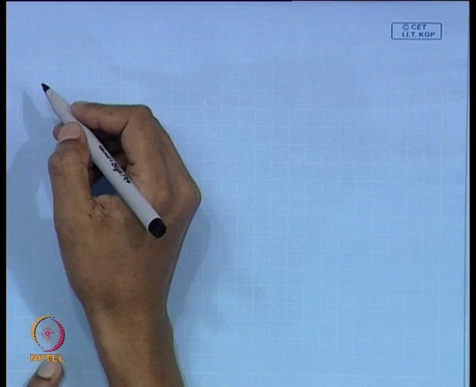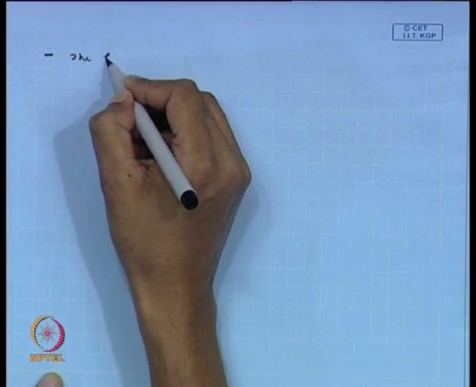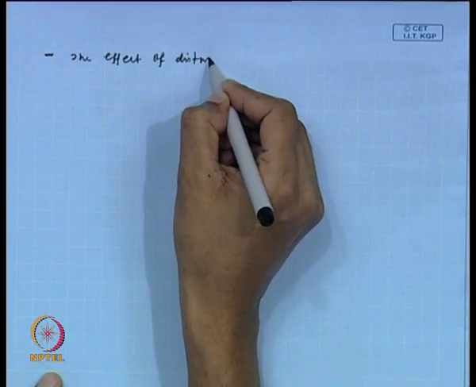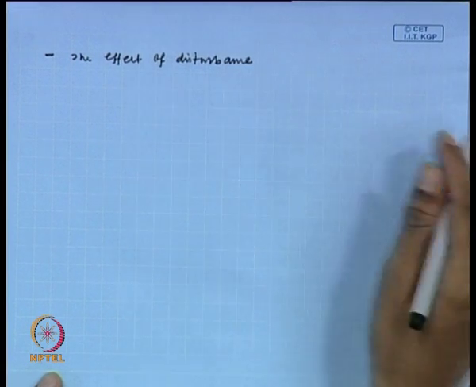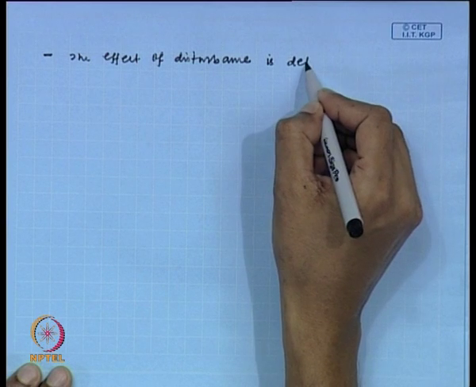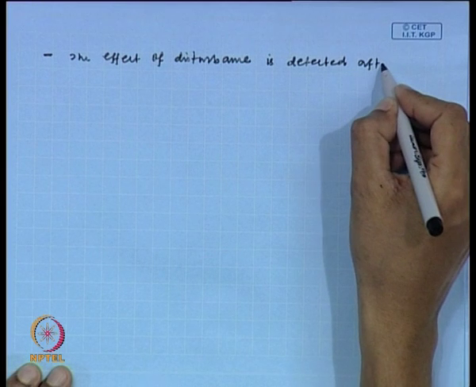And we will discuss few other reasons which are related to the dead time, like the effect of disturbance is detected after a long period of time, after a significant period of time.